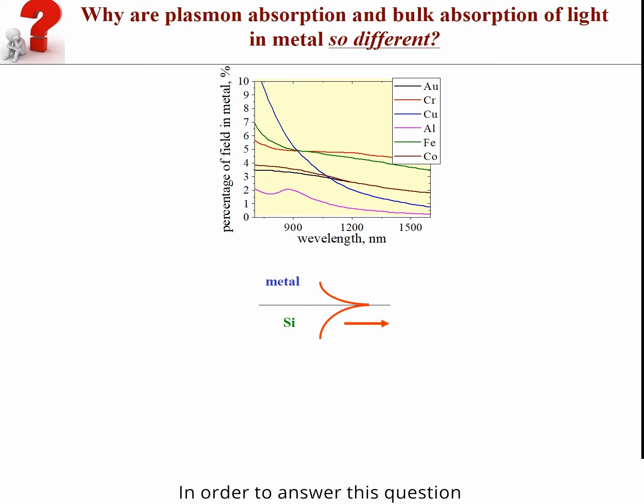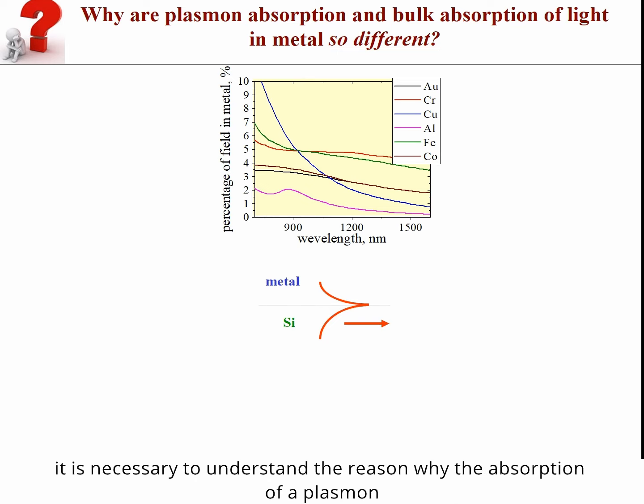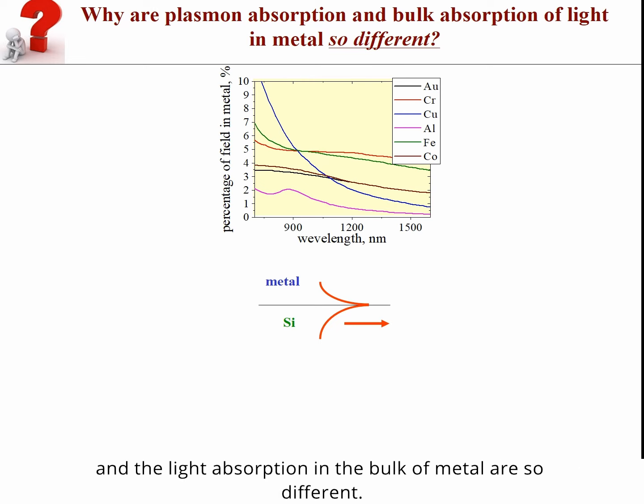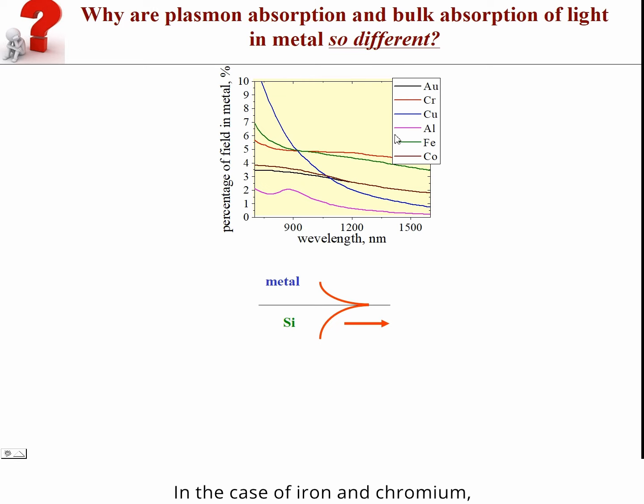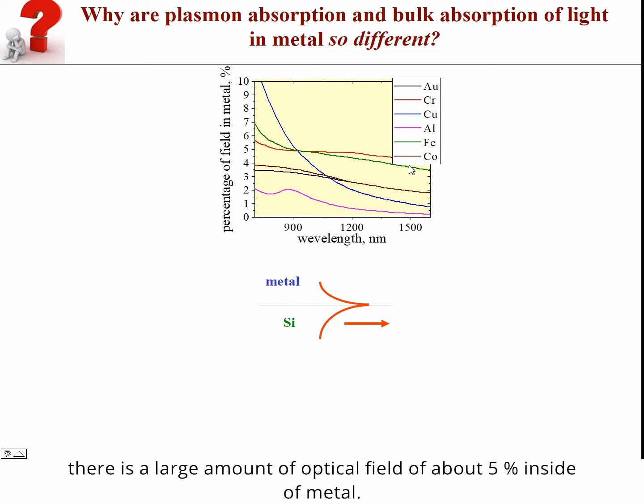In order to answer this question, it's necessary to understand the reason why the absorption of plasmon and the light absorption in the bulk of metal are so different. This figure shows a relative amount of optical field in metal. In the case of iron and chromium, there is a large amount of optical field, about 5%, inside of the metal.